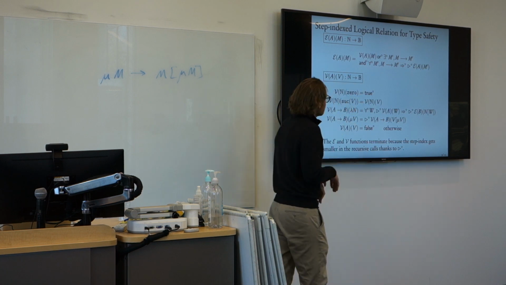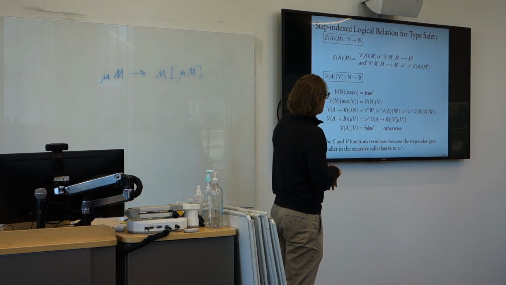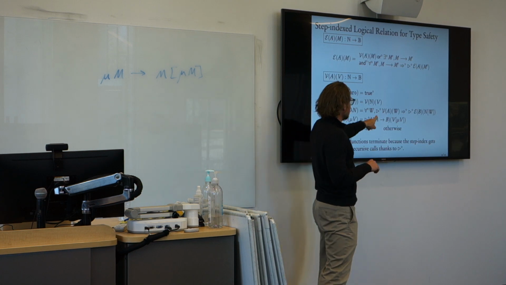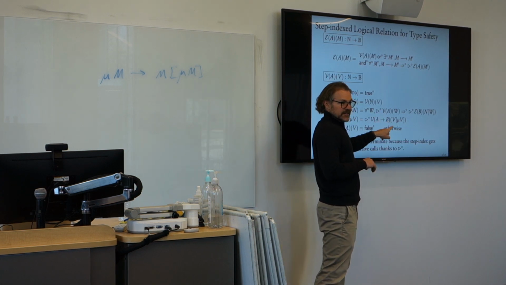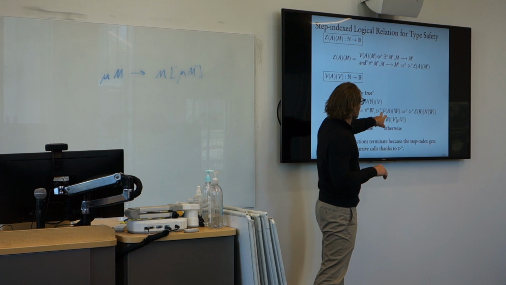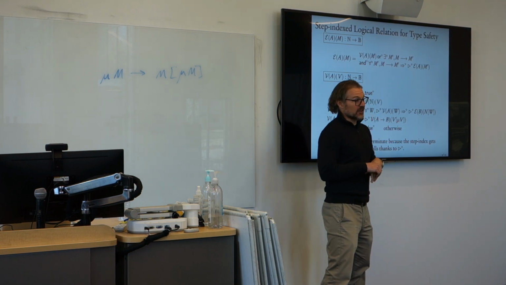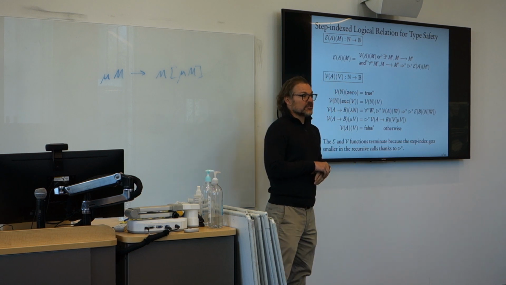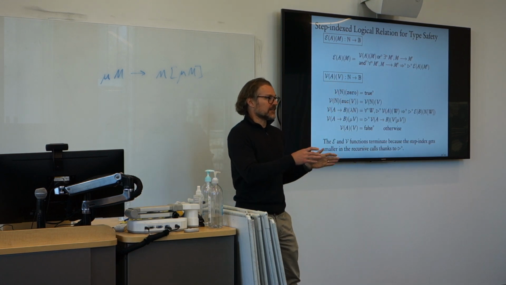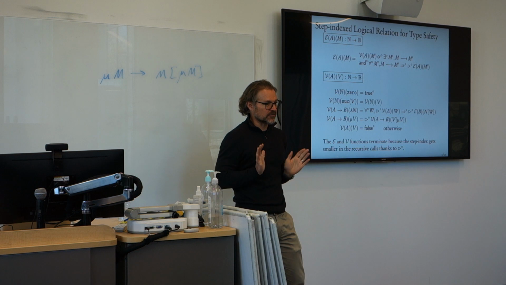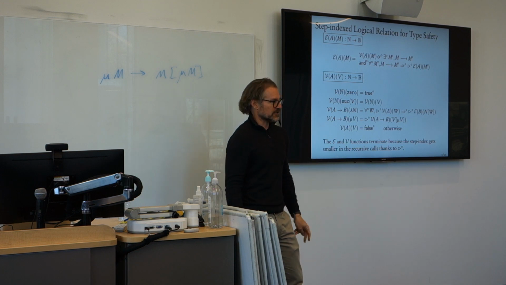But the main thing to realize here is that we've got this triangle, okay? And we've sprinkled the triangle in front of every recursive call. So the triangle means later, okay? That's our temporal operator. It means one step in the future.